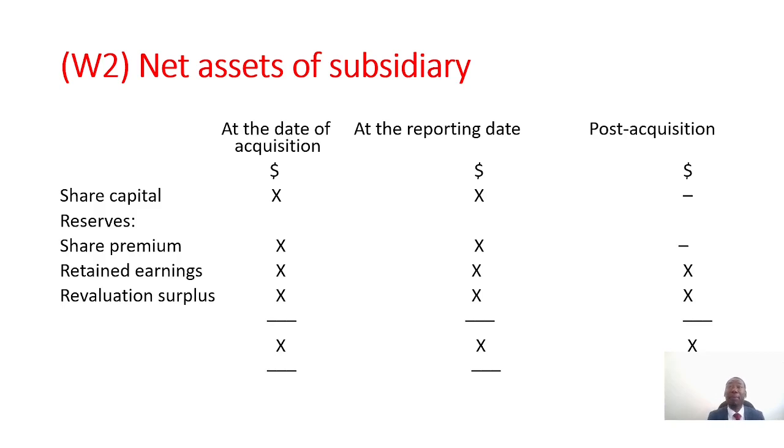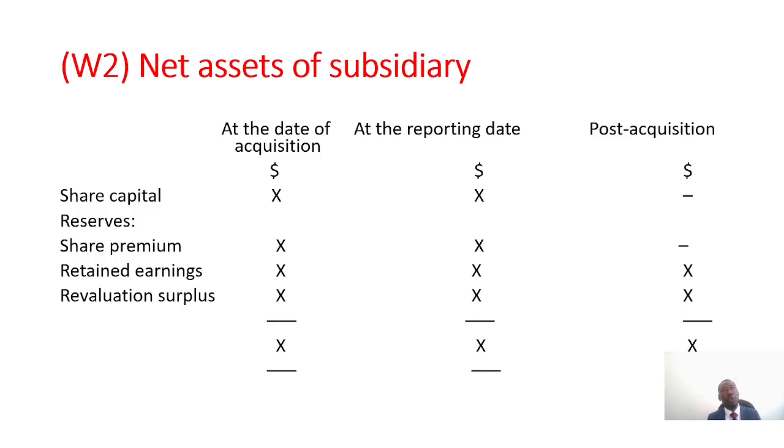For share premium, you will be guided in the notes that the share premium value was this amount, and you compare with the share premium. In most cases, the share premium at reporting and at acquisition is almost the same. But when it comes to the retained earnings, you will always be guided in the question.